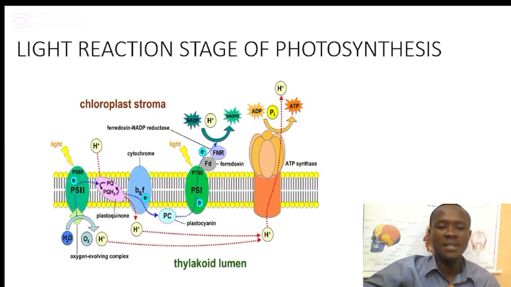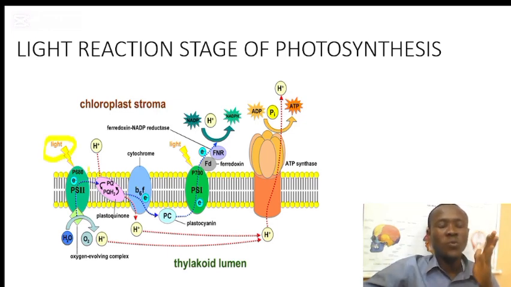The light reaction stage occurs mainly in the thylakoid of the chloroplast, and the dark reaction stage, which we are going to talk about later, occurs in the stroma of the chloroplast. So let's start with the light reaction stage, which occurs in the thylakoid of the chloroplast.